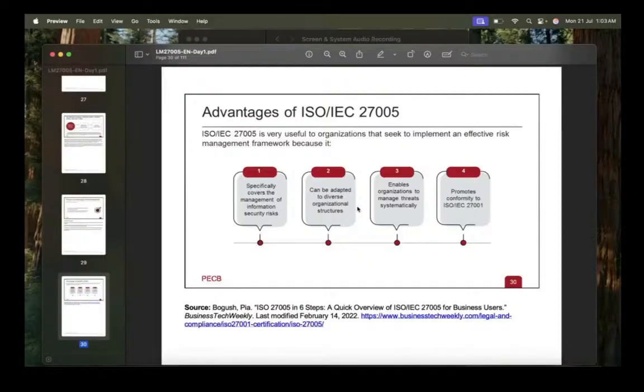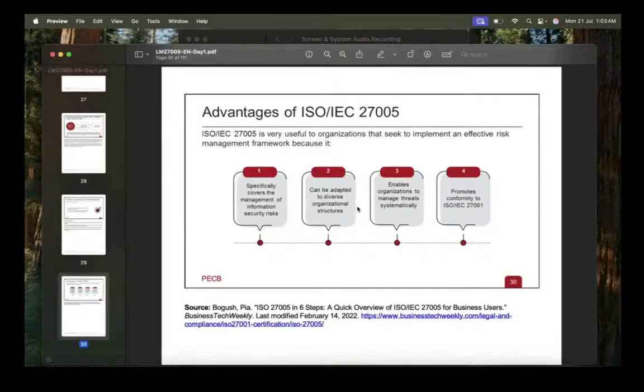Then it promotes conformity to ISO 27001. How does it do that? It is a guideline of the risk management system that actually helps 27001, and it conforms to the requirements that are mentioned in 27001. That is what we have discussed previously as well, how it is related.